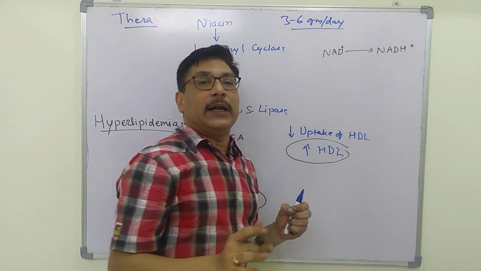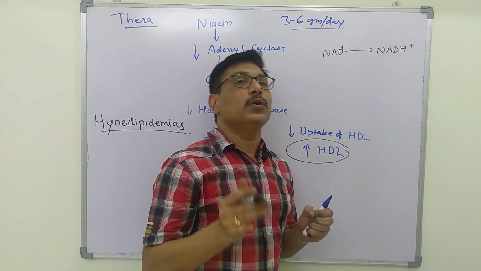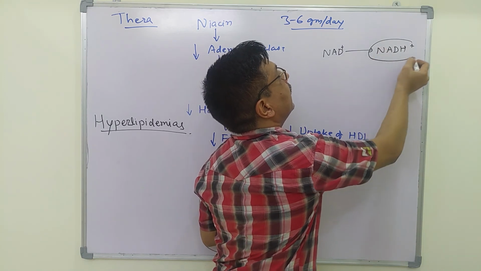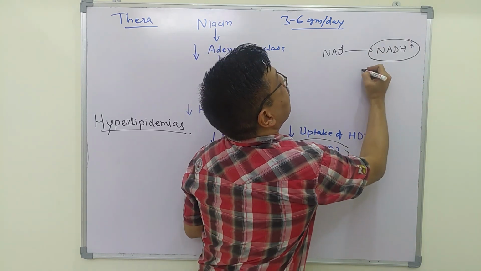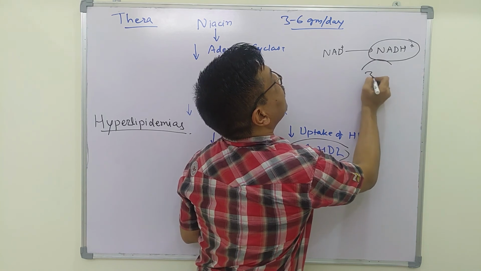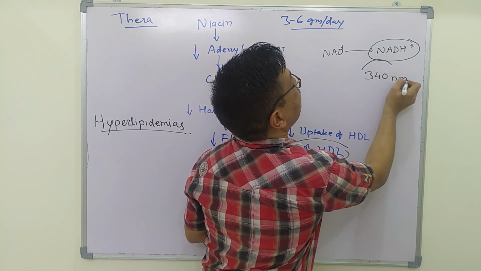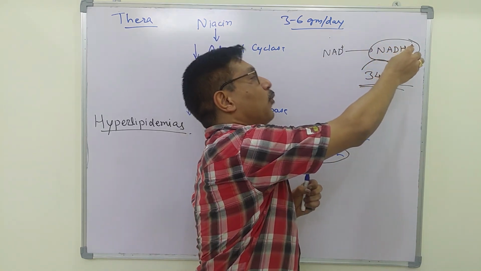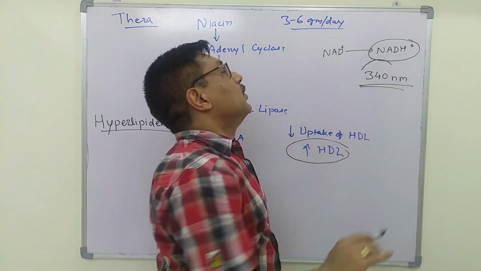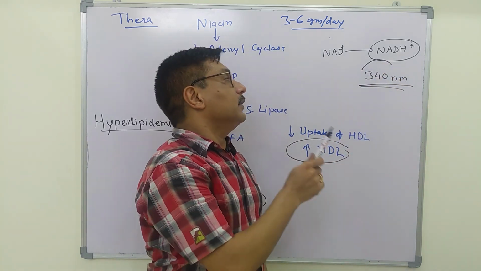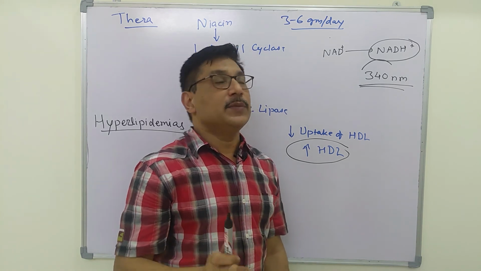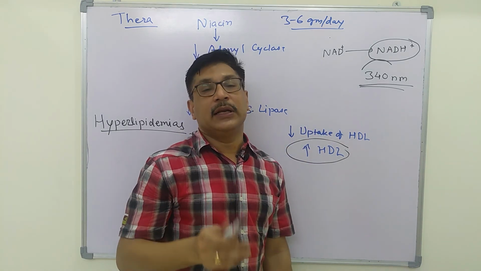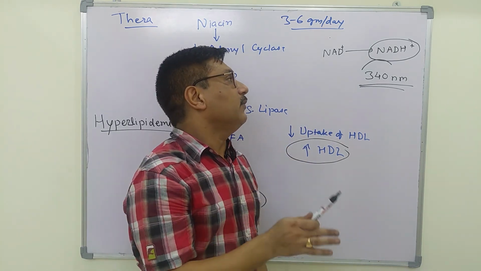So in the enzymatic reaction, when we are going to find out the enzyme levels, if the reaction is linked to NAD being converted to NADH, NADH level can be measured at 340 nanometer UV spectrum, and thereby the more the enzyme, the more NADH is formed, thereby more color is obtained, and in this way enzyme estimation can be done by linking it with NADH and measuring the level of NADH at 340 nanometers.